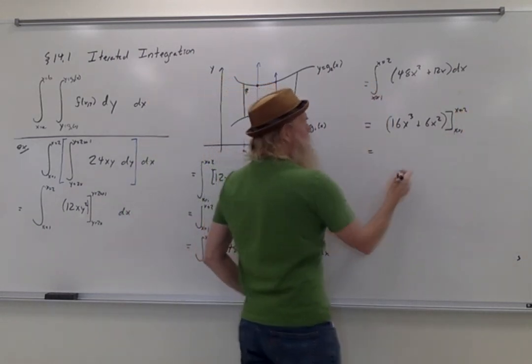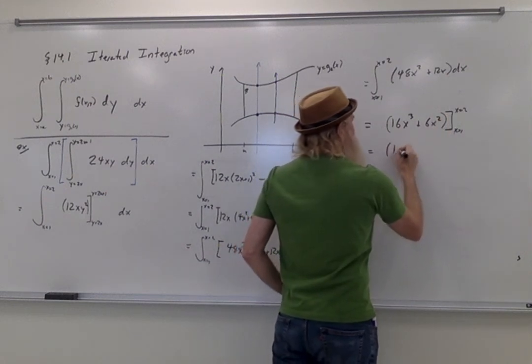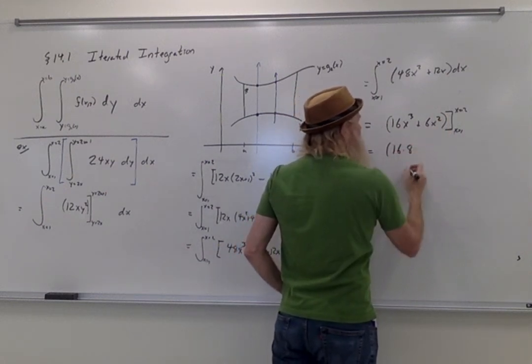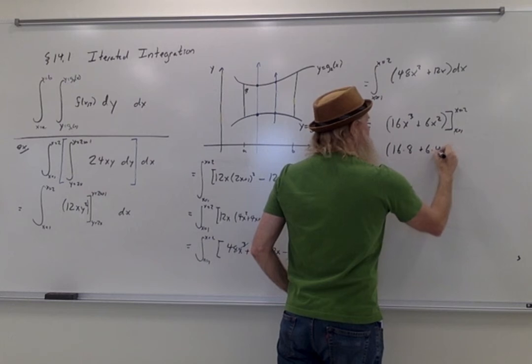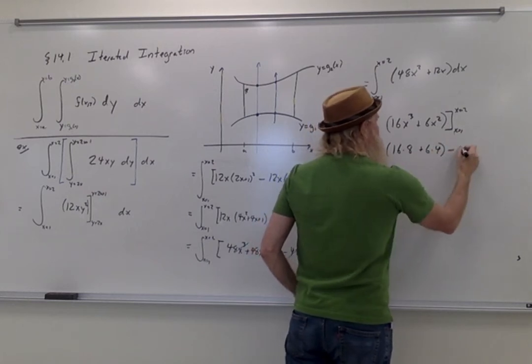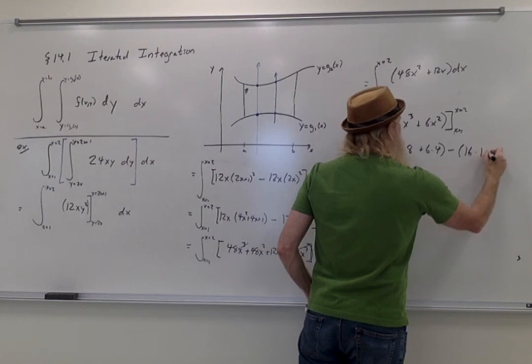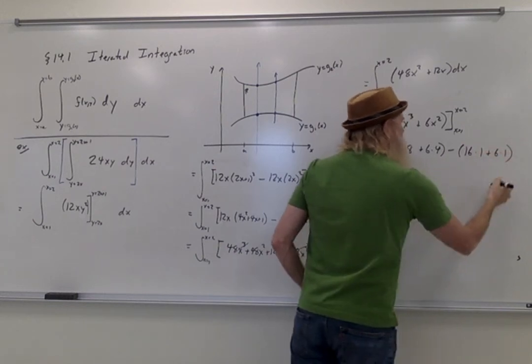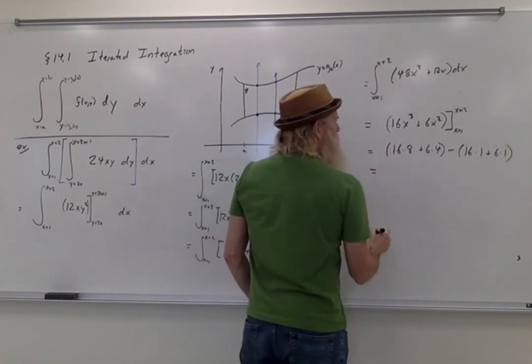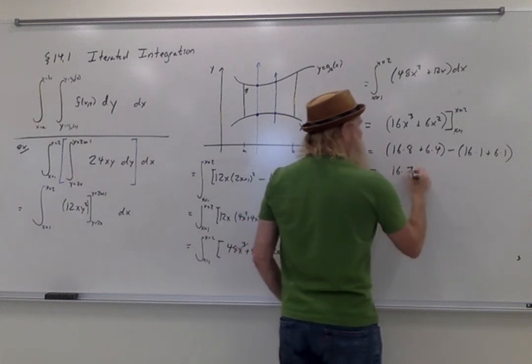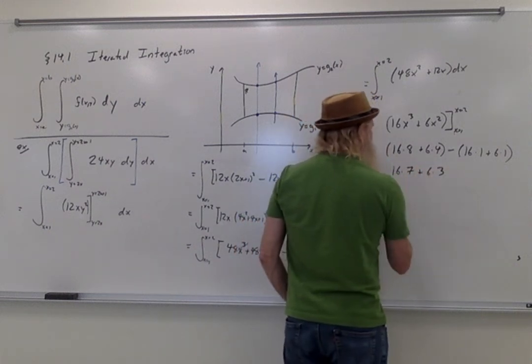Plugging in the endpoints and subtracting, I have 16 times 8 plus 6 times 4 minus 16 times 1 plus 6 times 1, which is 16 times 7 plus 6 times 3.